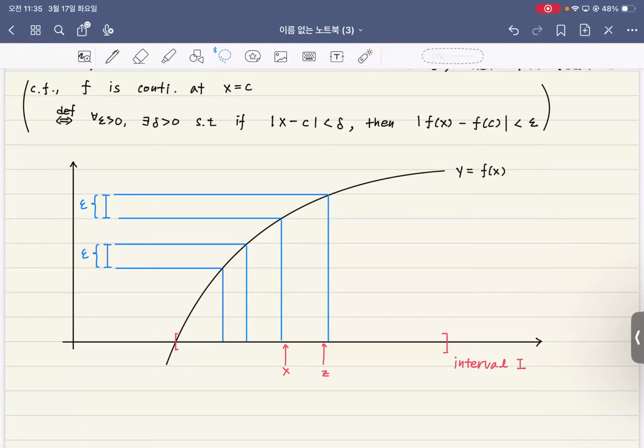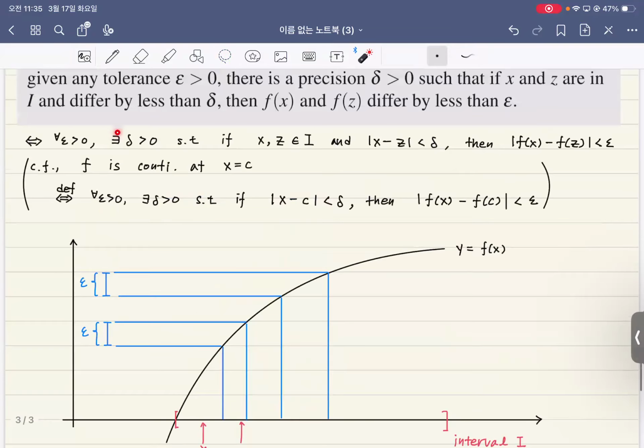To be a proper delta, this condition must be satisfied as long as the two points are less than delta apart.